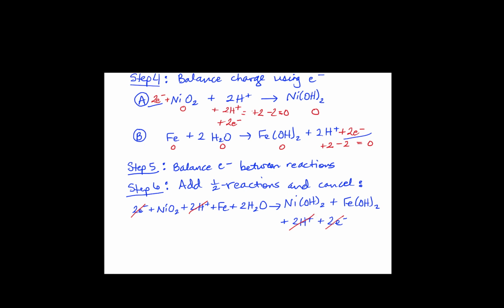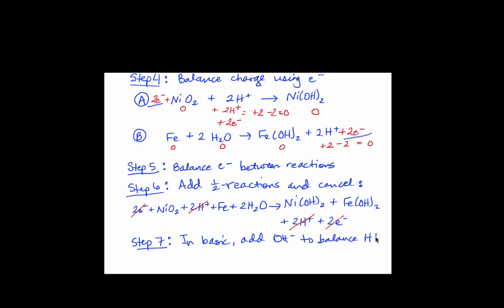The final steps, excuse me, is that if we are balancing in a basic environment, we wouldn't be able to have any H+ left over. So in a basic environment, we would add OH- to each side to balance any H+.